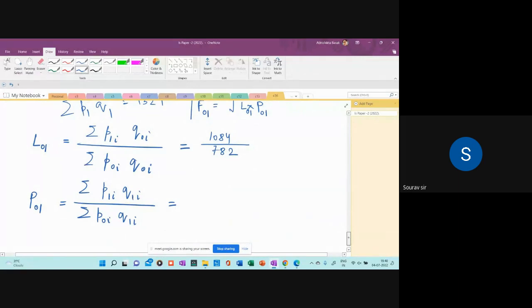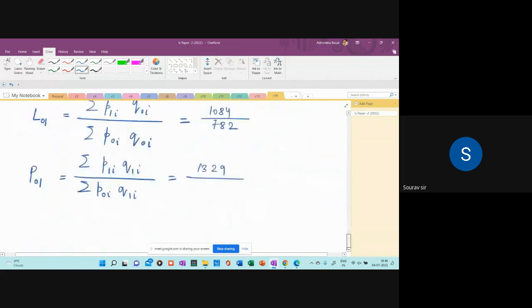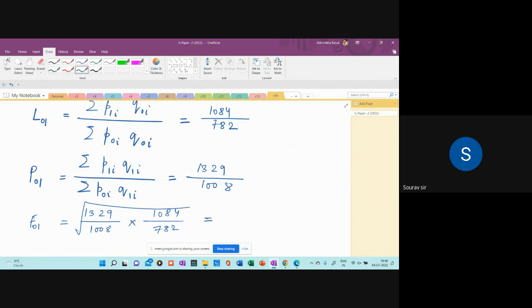This is P1 Q1, 1329, divided by P naught Q1, 1008. So we have obtained F naught 1 is equal to the square root of 1329 by 1008 into 1084 by 782. Is this clear?